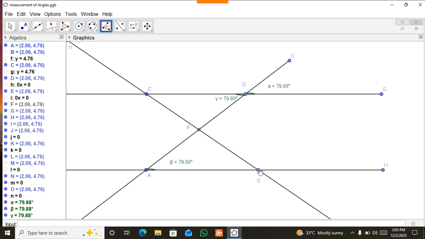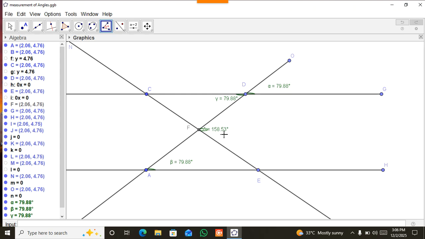So E, F, D, like this. It gives me the angle measure of 158.53 degrees.